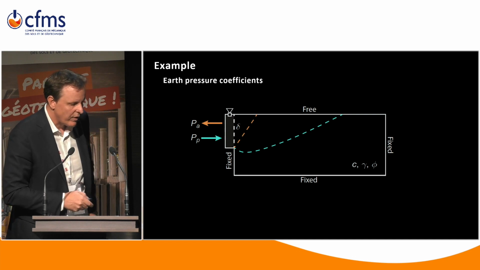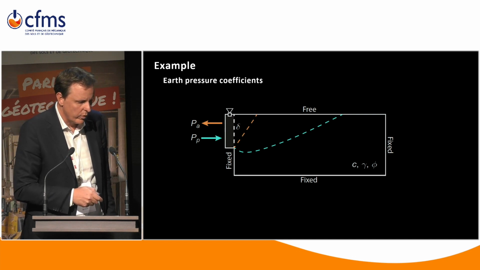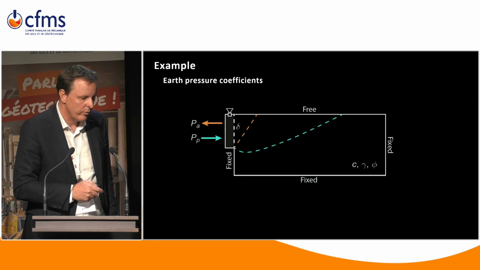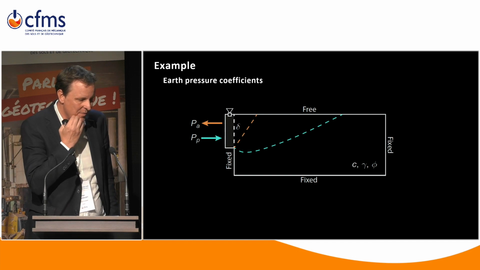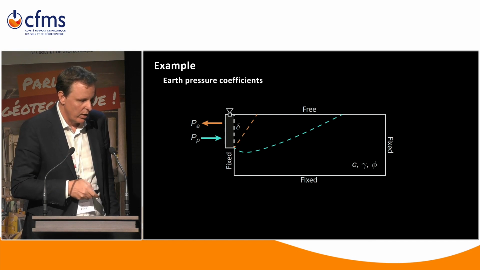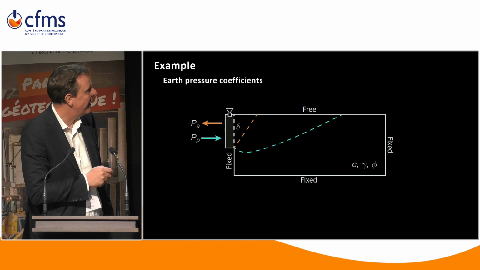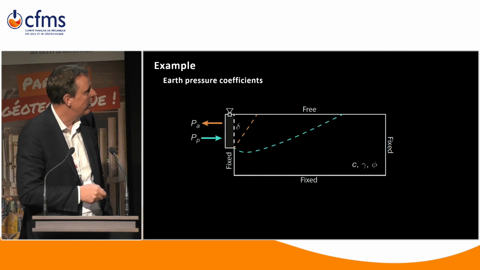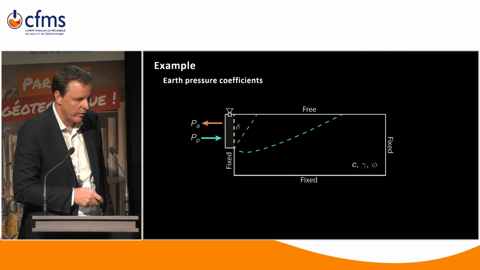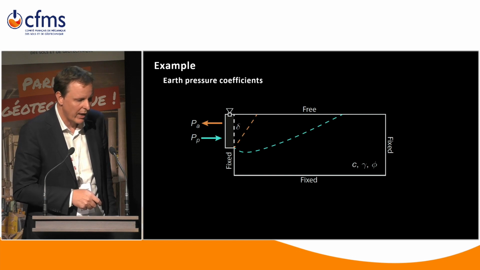The few examples I wanted to go through were also related to Coulomb earth pressure coefficients. So the earth pressure coefficients in the case of a purely frictional material and a horizontal backfill, which is the most basic earth pressure problem. There's a huge number of solutions out there in the literature. People have been quite in disagreement about what the earth pressure coefficients are.